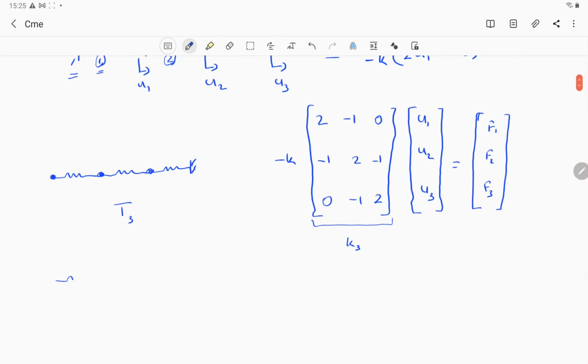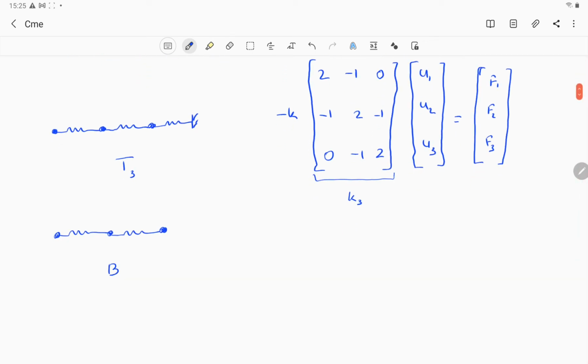And if we have a spring connected like this, then we will have C3. That's how we need to construct this matrix.